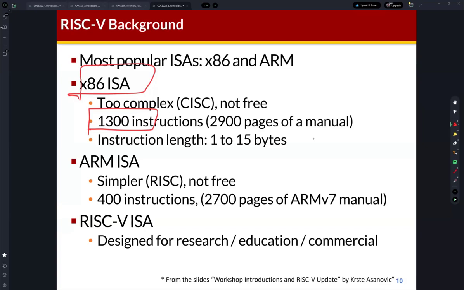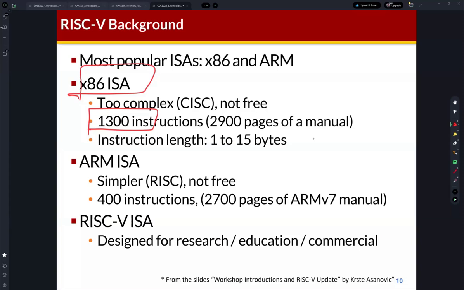Because Intel needed to add new instructions to make a more efficient CPU, right? New instructions were required. That's why Intel added new instructions in the x86 ISA. Actually the number was very small, but it has been increased.